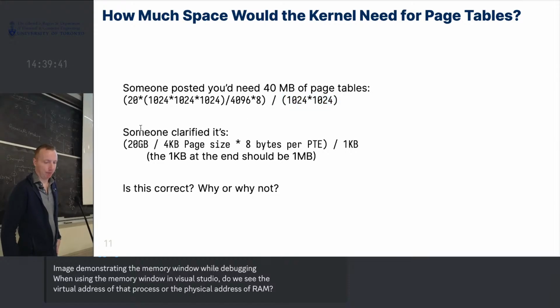Then someone clarified that this calculation is just 20 gigs divided by the 4 kilobyte page size times 8 bytes per page table entry divided by 1 kilobyte, even though that should actually be 1 megabyte.